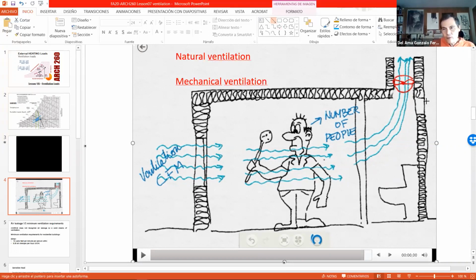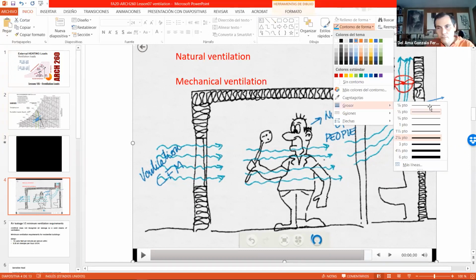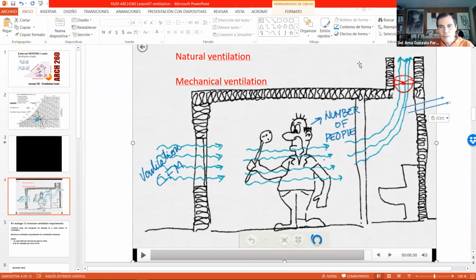If we open this window here, for example, imagine that we don't have this, then we open that window, and the air goes in this direction. Perfect. So we can achieve healthy conditions with natural ventilation.